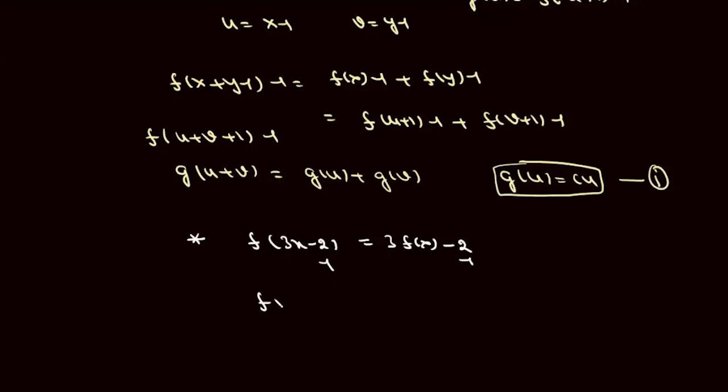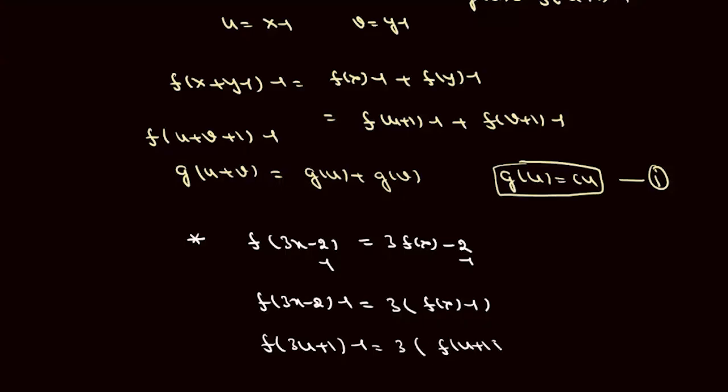So it will be f(3x - 2) - 1 and it will be 3(f(x) - 1). Now x is u + 1. So it will be f(3u + 1) - 1 and this is 3(f(u + 1) - 1), and f(u + 1) - 1 is g(u).